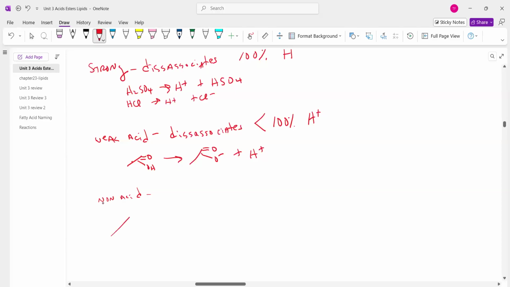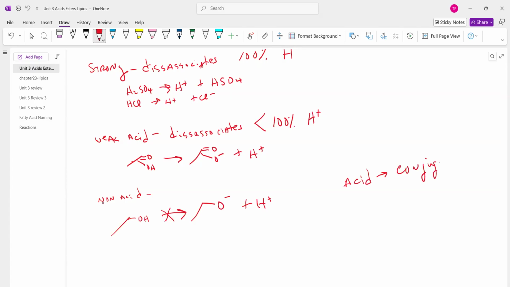So we can have, for example, ethanol. Ethanol has lots of H's, but none of them disassociate. Whenever we have an acid, when it disassociates, what's left over is called the conjugate base.